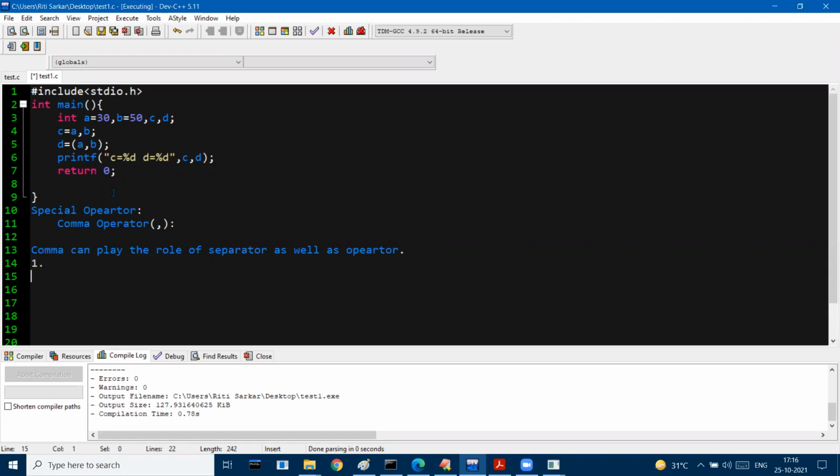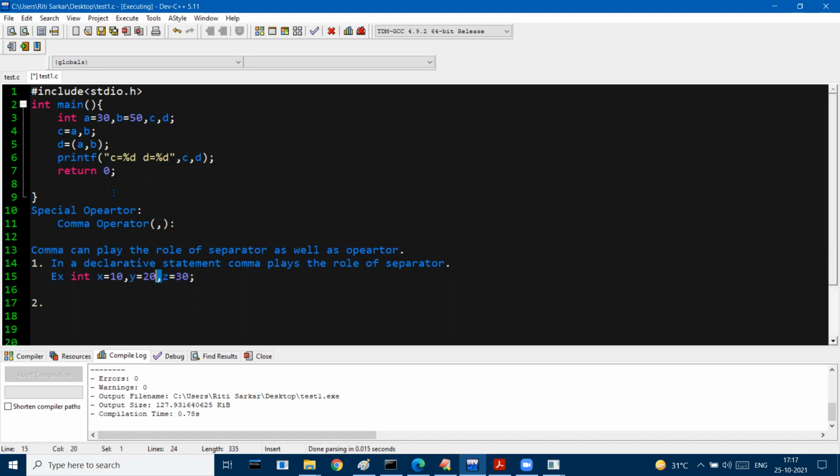Now the question is where comma will play the role of separator and when comma will play the role of operator. In a declarative statement, comma plays the role of separator. Example, suppose you are writing int x is equal to 10, y is equal to 20, z is equal to 30.